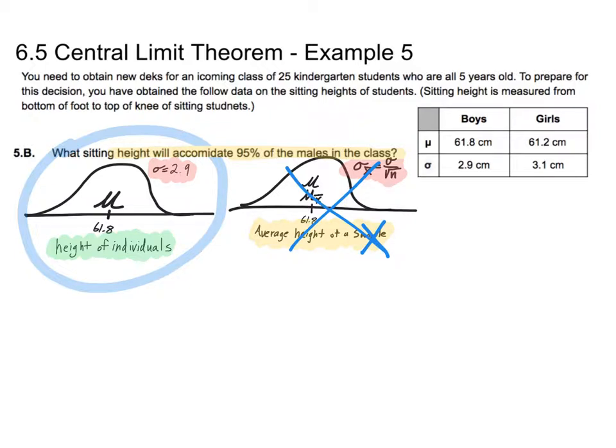Now, this problem does get a little more complicated. It steps into another area that we haven't done a ton of examples with. It's asking for the height that will accommodate 95%. Well, where is height located on my curve here on the left-hand side? The height is located along the x-axis. So what I'm really looking for is an x value, the value that makes the separation between 95% of the data.